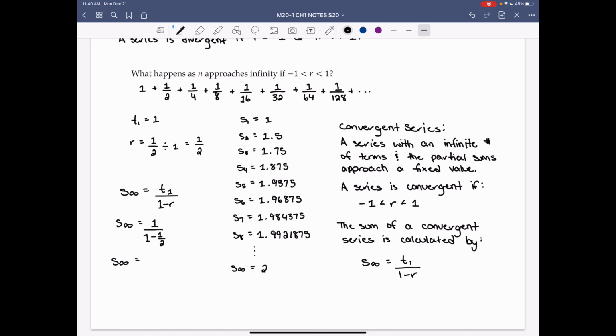Then 1 minus 1/2 is 1/2, so S infinity equals 1 divided by 1/2. That's dividing by a fraction, so we can write that as multiplying by the reciprocal. We get 1 times 2 over 1, which just equals 2. So S infinity equals 2. The sum of the infinite series is 2.